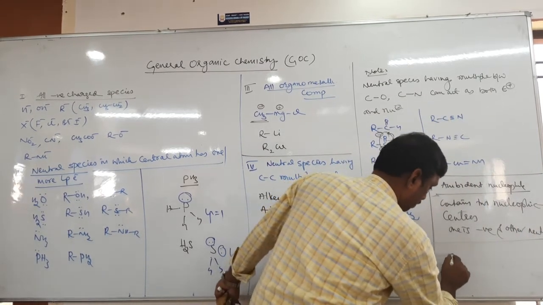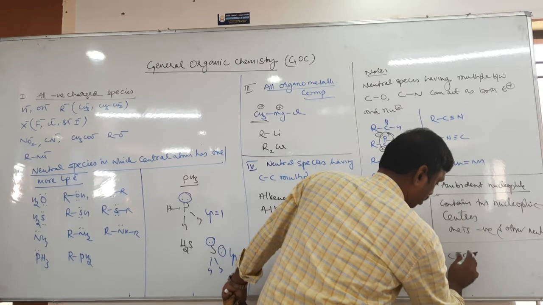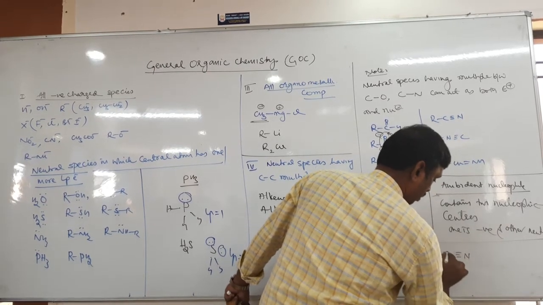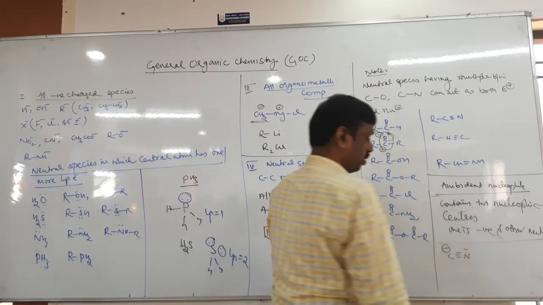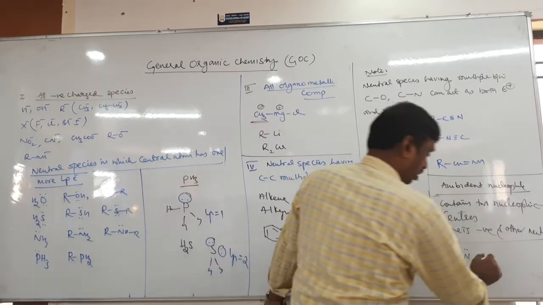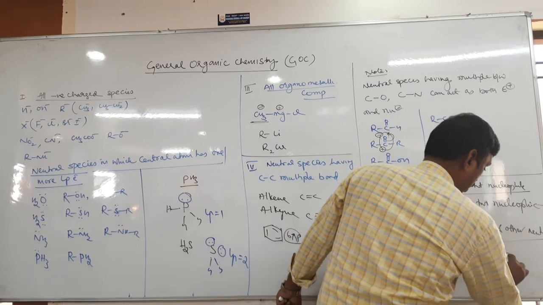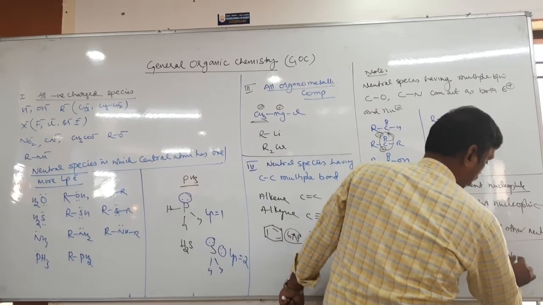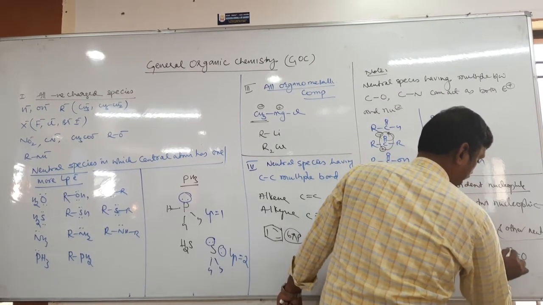For example, C triple bond N, where C is negative and N is neutral, and nitrite, N double bond O, where this is negative and this is neutral.